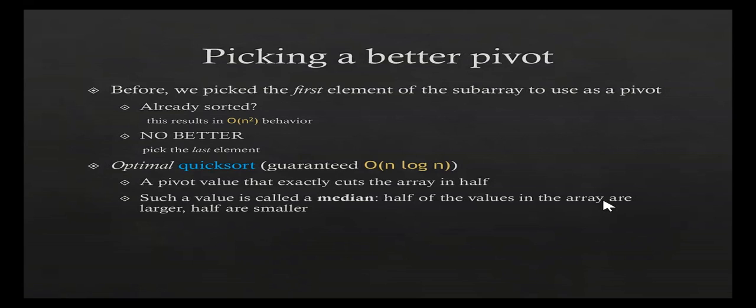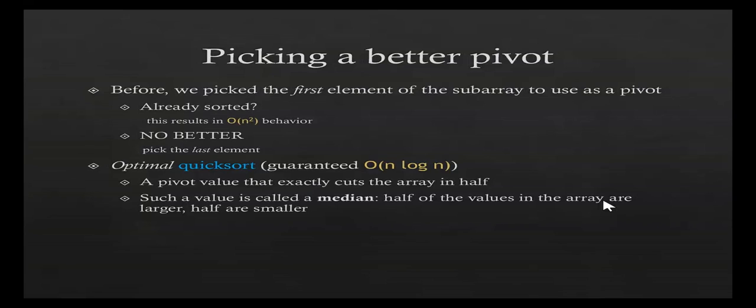If we can select exactly the correct element as the pivot value, for example the middle value, then after picking the pivot value, that exactly cuts the array in half.